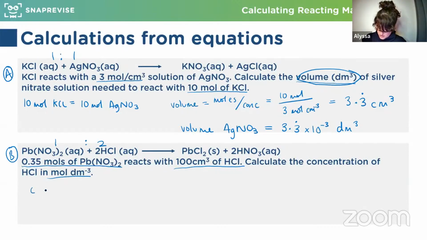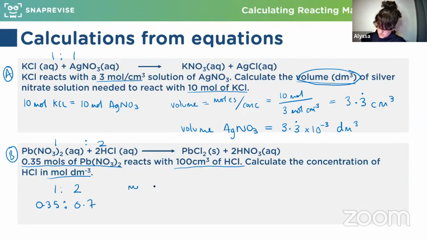So if it's a ratio of 1:2, and we've got 0.35 moles of lead nitrate, then we're going to need 0.7 moles of HCl. I'll come to your question in a second, Amara. I'm just going to finish this one.